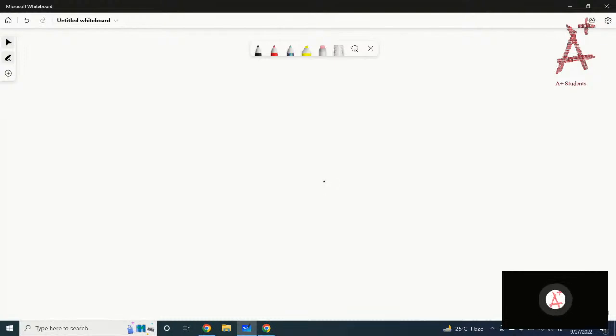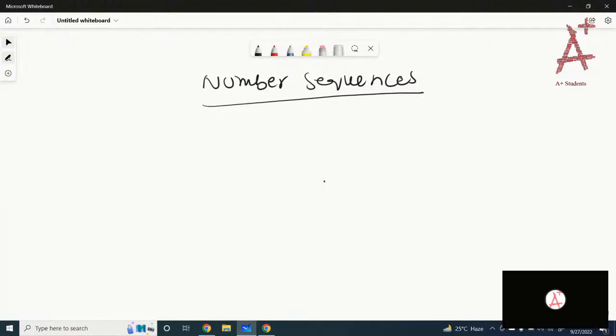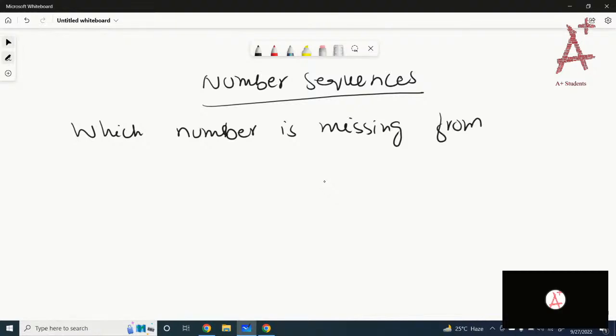Which number is missing from this sequence? The sequence is 92, 87, the missing number, 77, 72, 67, and 62.